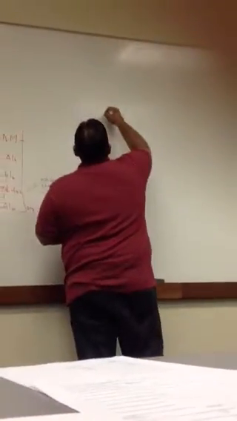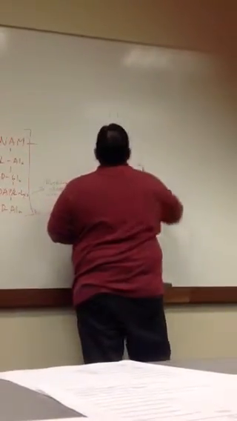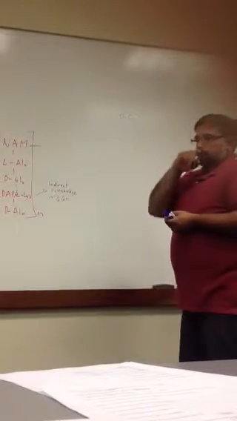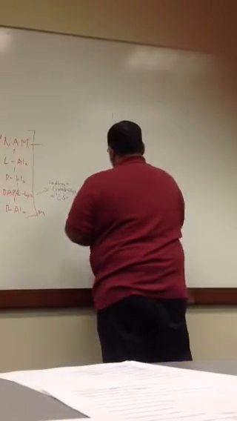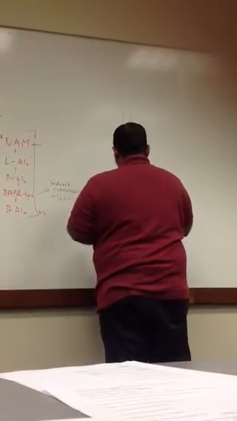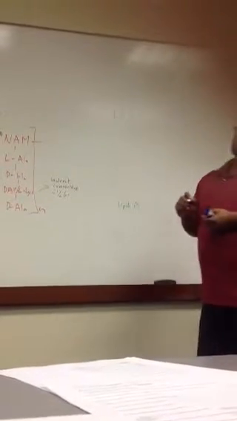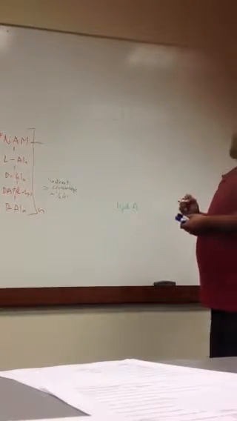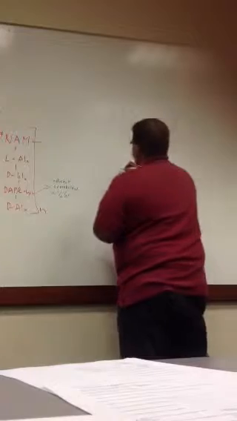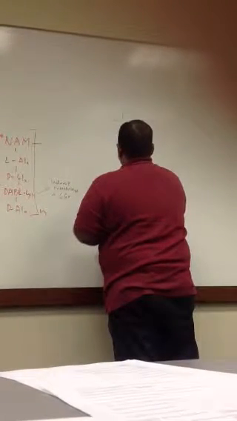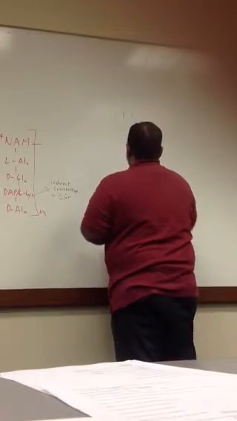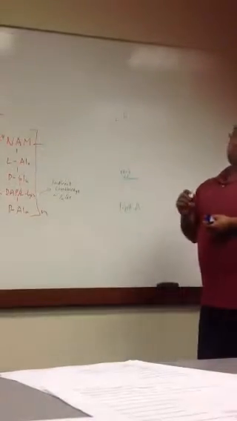On the other hand, if I look at LPS, what are the defining characteristics, or what are the parts of LPS? So you have a lipid A portion. And that's the part that actually sticks into the membrane. Above that? Core polysaccharide. And what does that do? Or what is that?